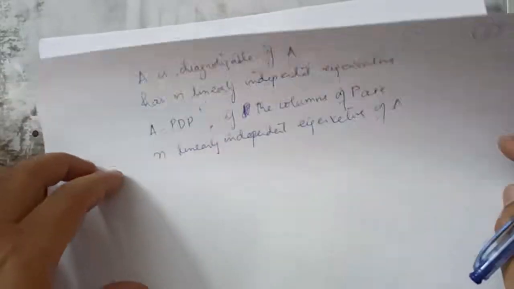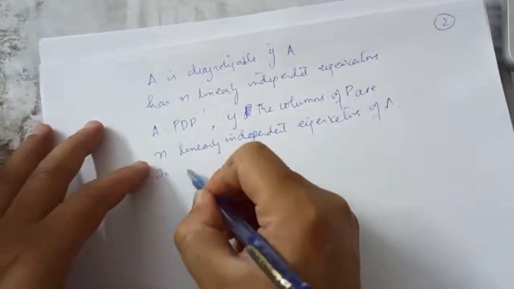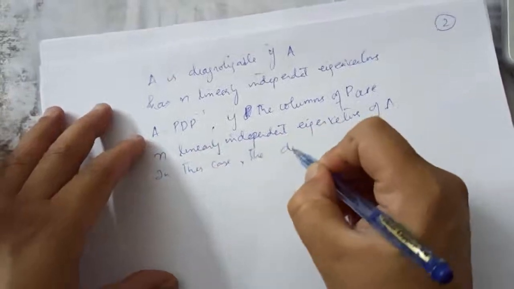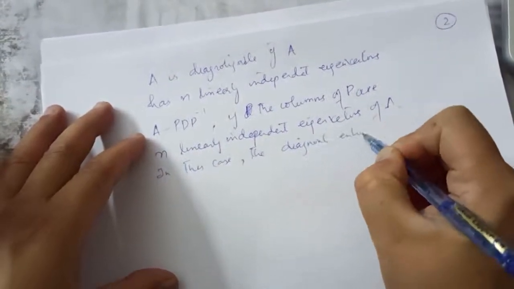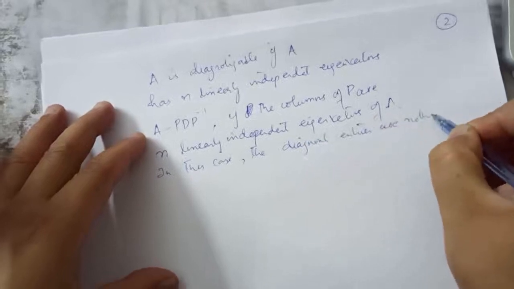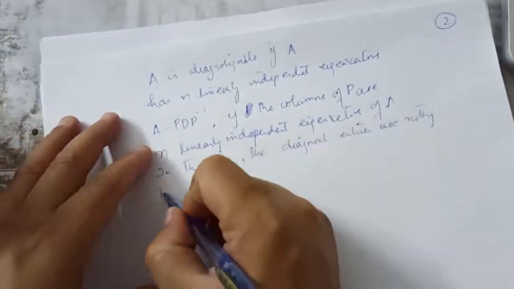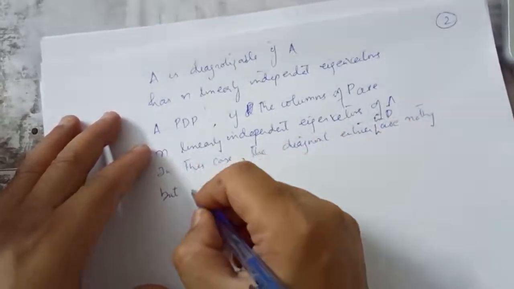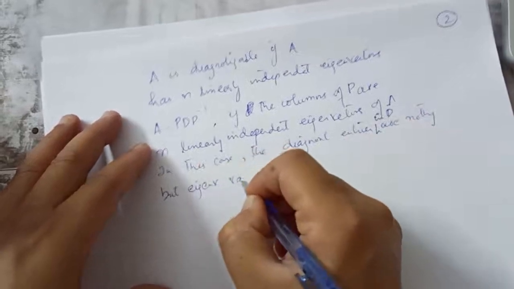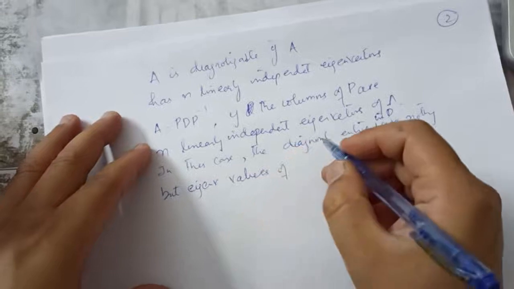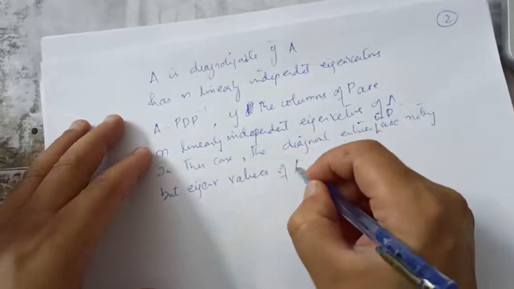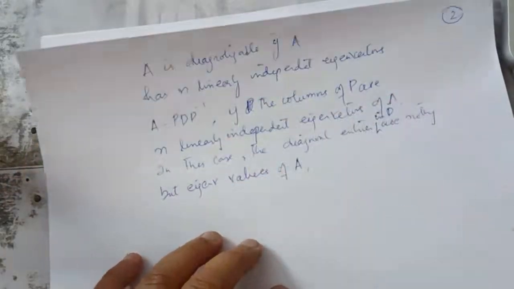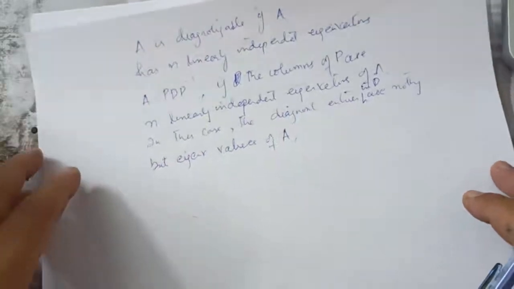Eigenvectors of A. So in this case, the diagonal entries in D are nothing but the eigenvalues of A. And of course, the corresponding vectors for those eigenvalues will be in P, right?